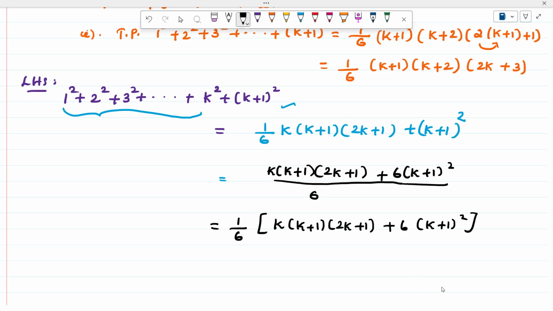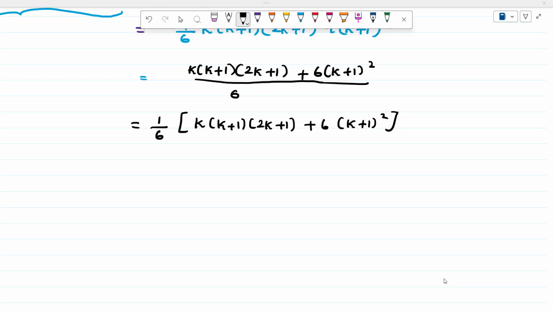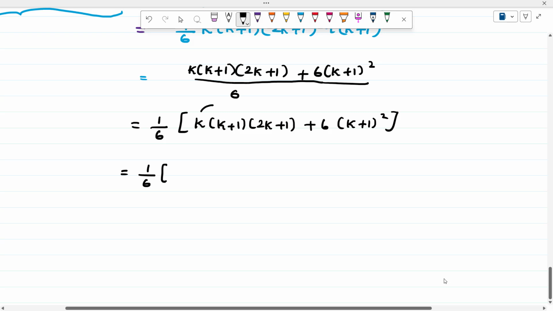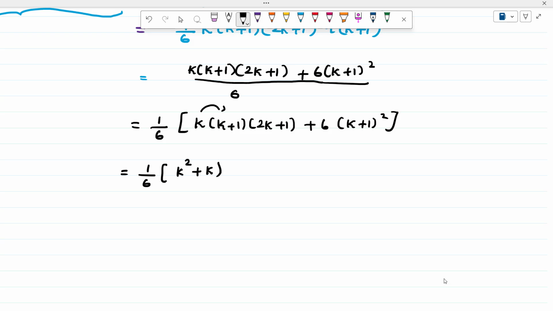Next we have to simplify it, which is equal to 1 by 6 into, just multiply this k inside. Therefore k into k square plus k into 1, k. The next term is 2k plus 1 plus 6 into, here it is of the form a plus b the whole square.